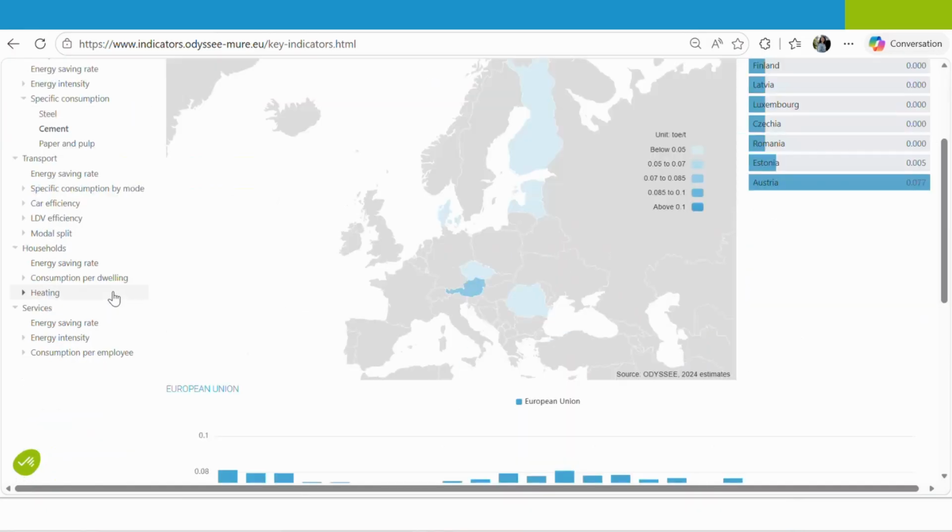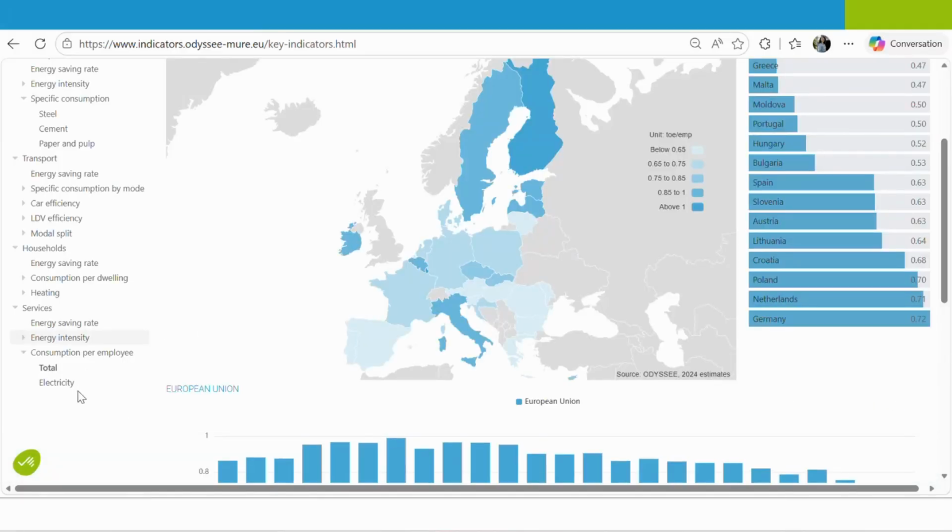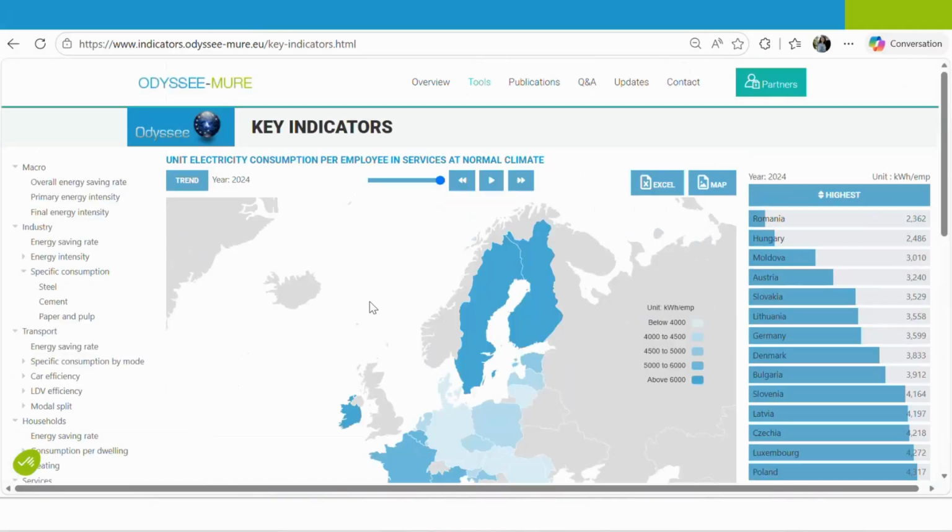If we look at the services sector, you can see here the total consumption per employee or electricity consumption per employee. So all of these indicators are used to assess energy efficiency progress at a detailed level, because energy efficiency cannot always be measured in the same way across all sectors and end uses, as you could see in the examples that we've just shown.